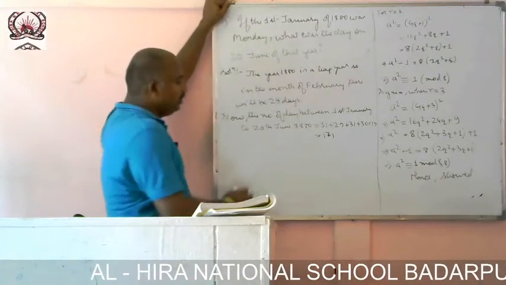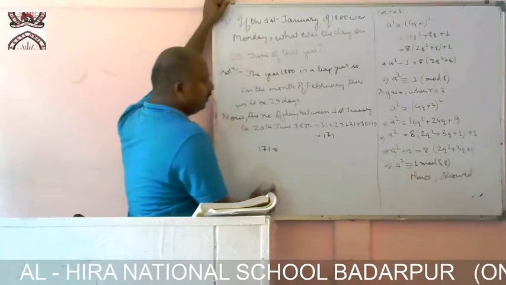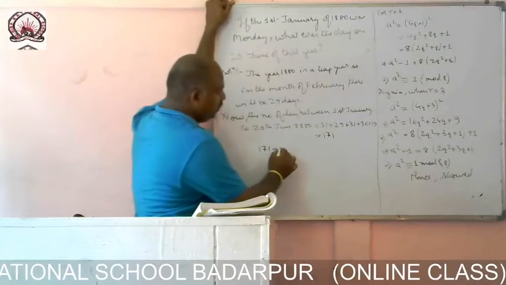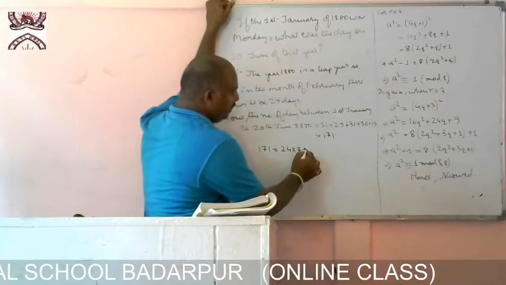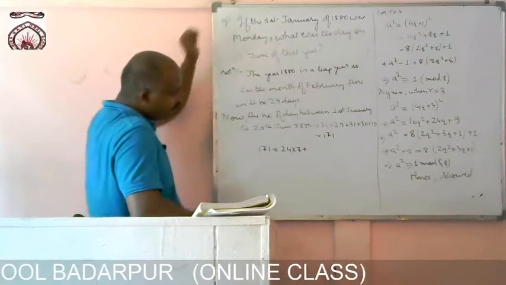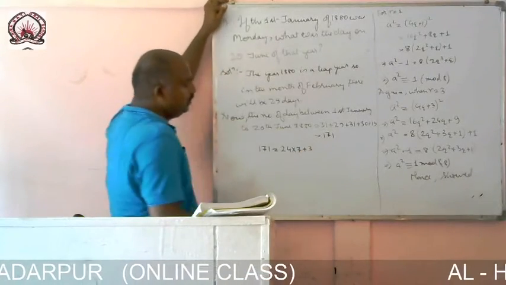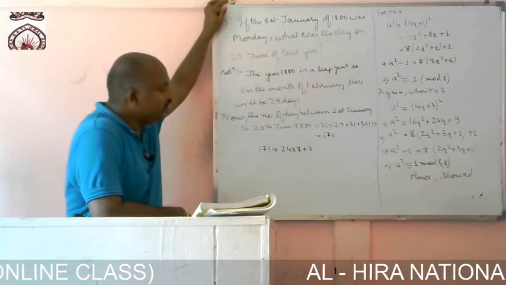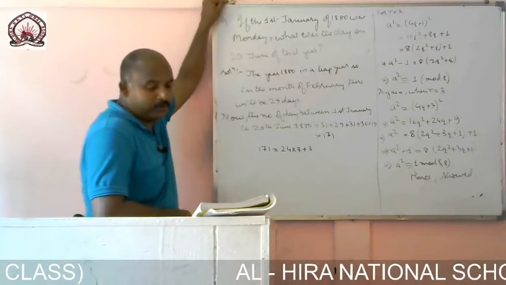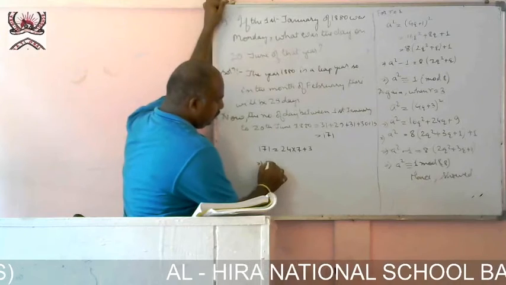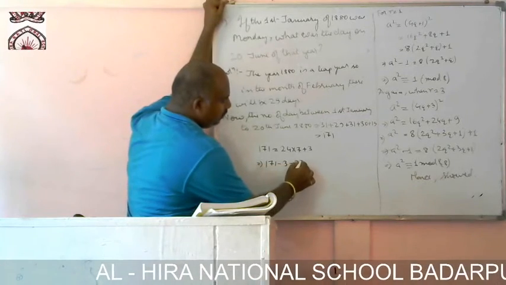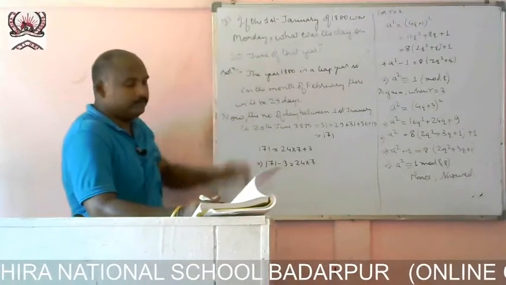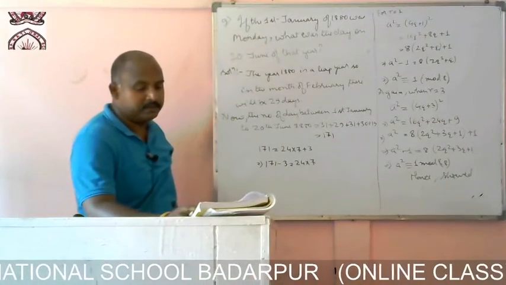Now 171 can be written as 24 into 7 plus 3. So what you can write? 171 minus 3 equal to 24 into 7.